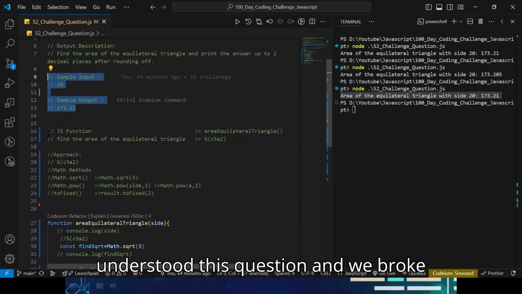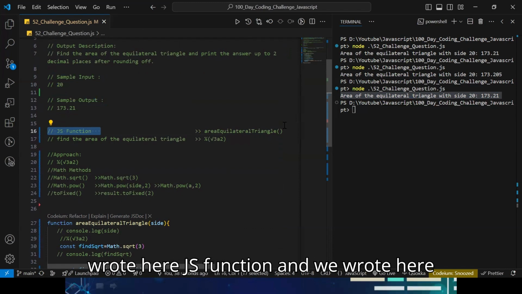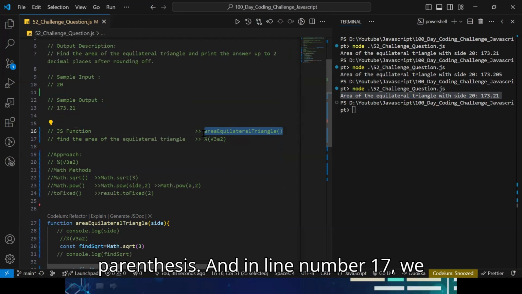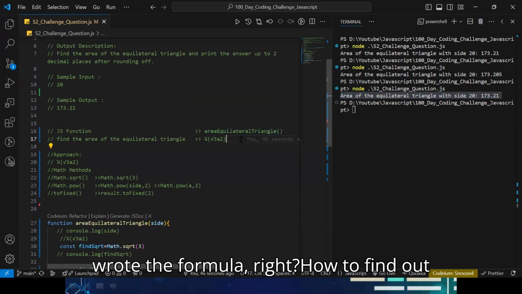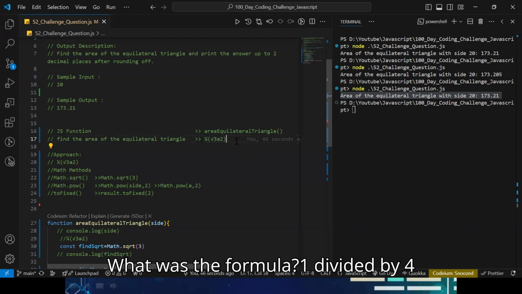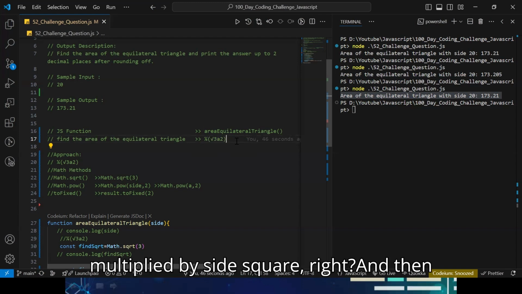Then we understood this question and broke it down. So at line number 16, we wrote the JS function, area of equilateral triangle with parentheses. And in line number 17, we wrote the formula for how to find the area of an equilateral triangle. What was the formula? 1 divided by 4 multiplied by the square root of 3 multiplied by side square, right?